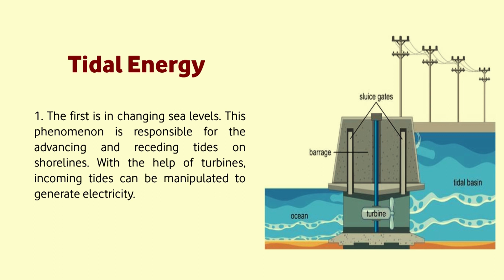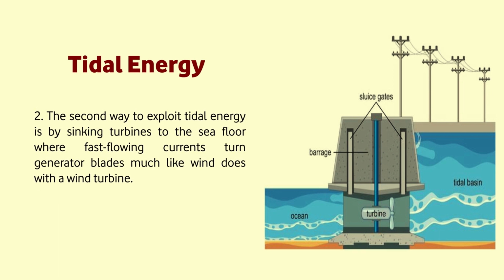With the help of turbines, incoming tides can be harnessed to generate electricity. The second way to exploit tidal energy is by sinking turbines to the sea floor, where the fast flowing currents turn generator blades much like wind does with a wind turbine.